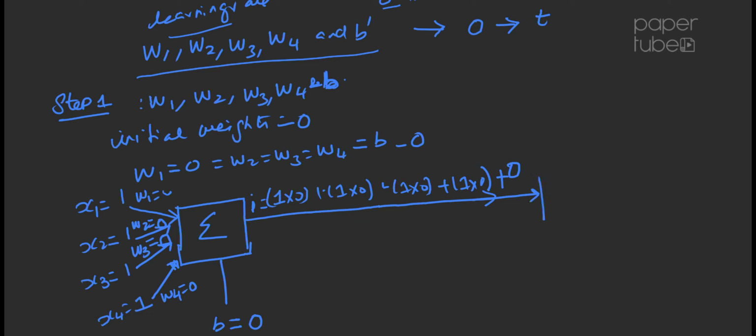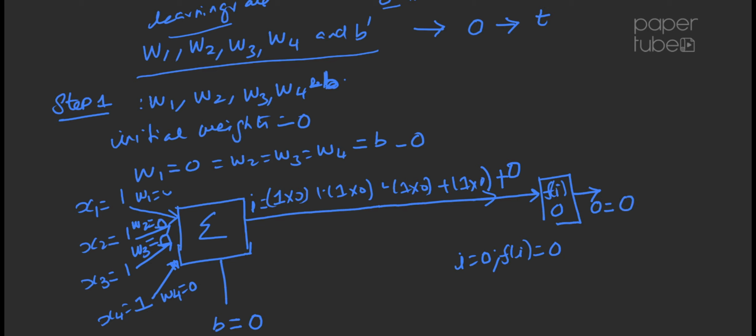And then that goes to your propagation function f of I, and we got the value of 0. If you remember the propagation function rule, if I is equal to 0, then f of I will be equal to 0. So that fires a net output equal to 0.